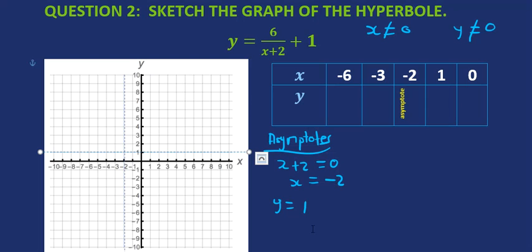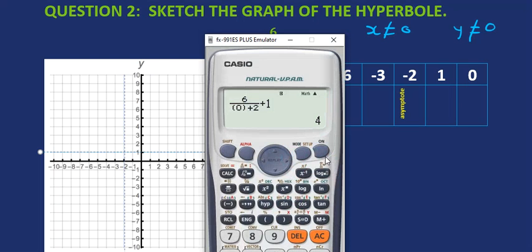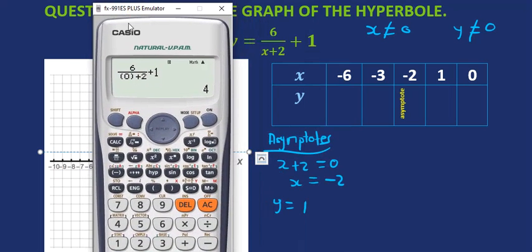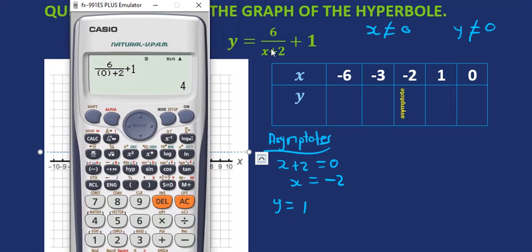We can now substitute different points in order to find at least 2 coordinates. So if we take our function, and where there's an x, we'll just put brackets there, and then we're going to try out different values. Ideally, we want to try out 2 values to the left of the asymptote.